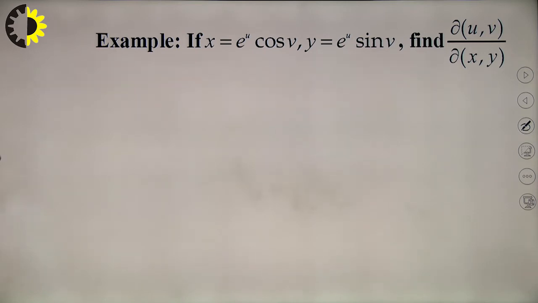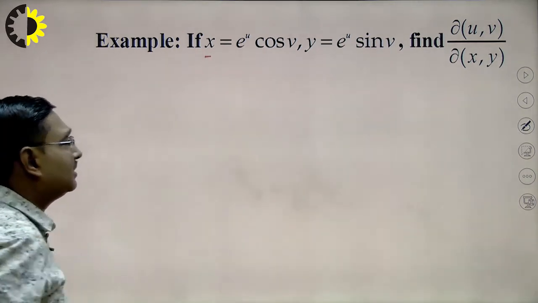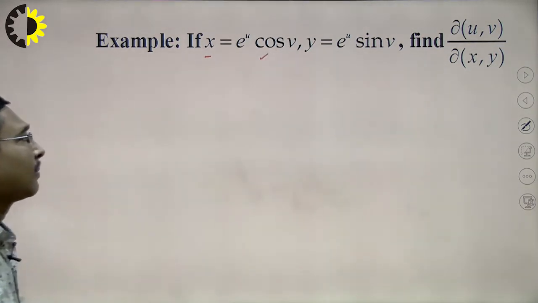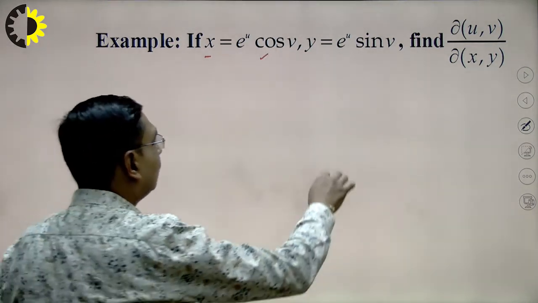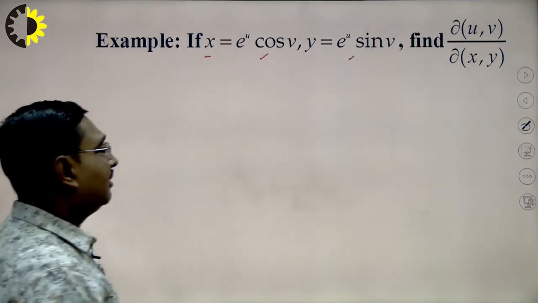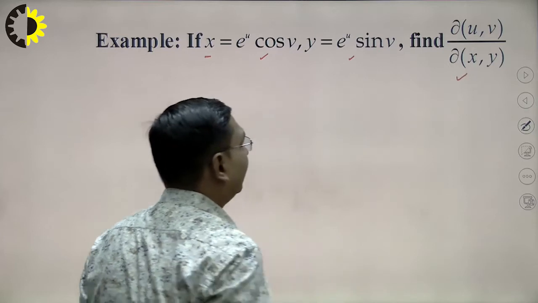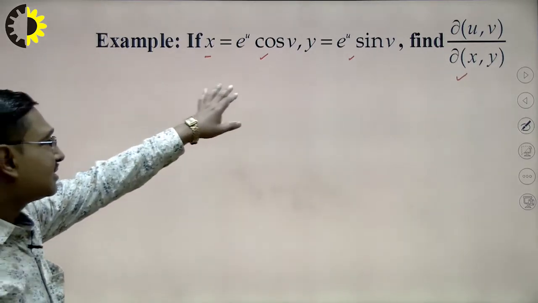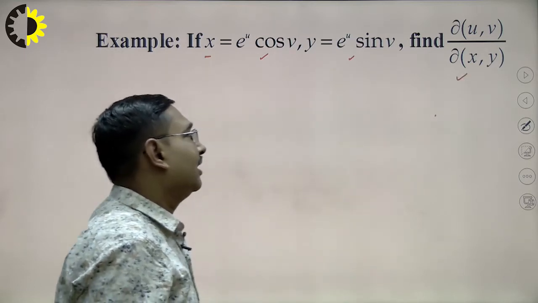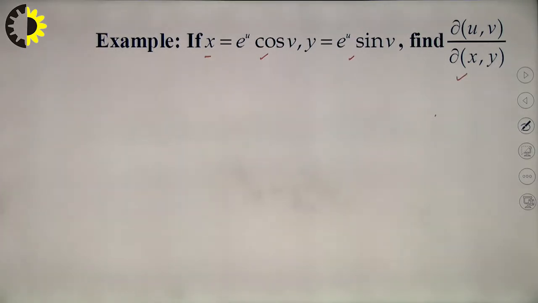The example says, if x is equal to e raised to the power u cos v and y is equal to e raised to the power u sin v, find del u v over del x y. x and y are given and we want to find this Jacobian del u v over del x y.